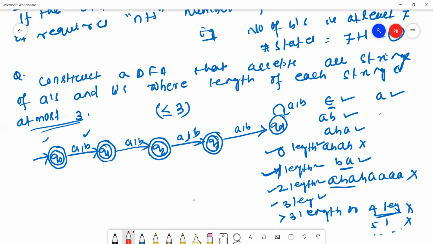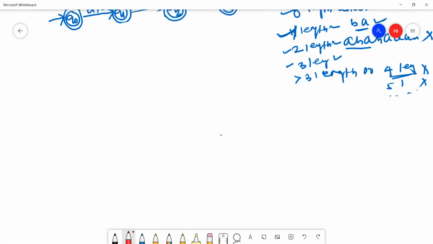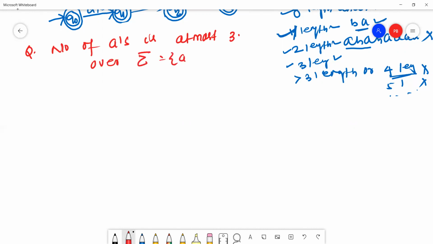Okay, the next question. Number of edges is at most 3 over the input alphabet a comma b.